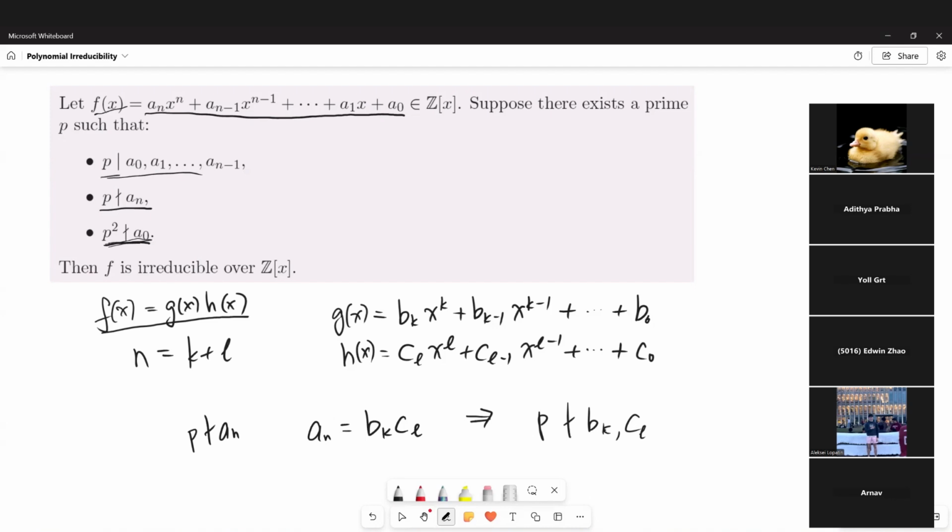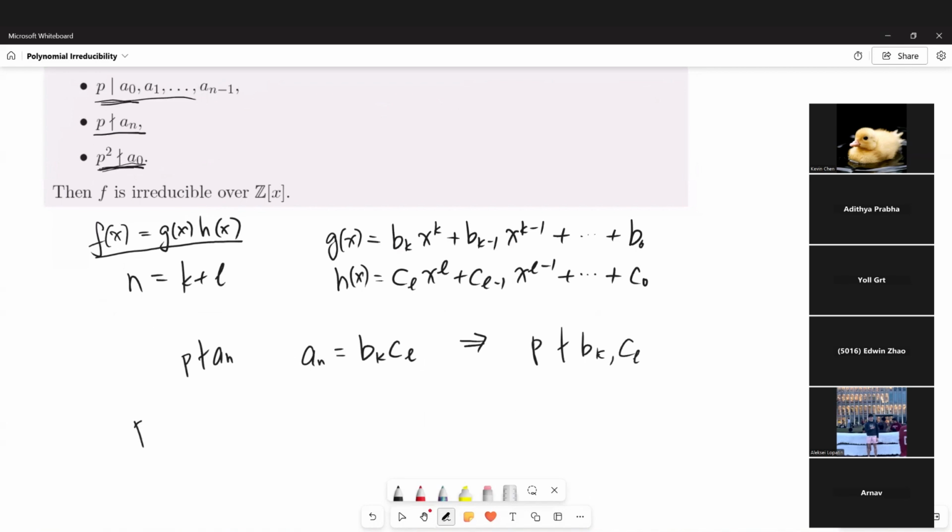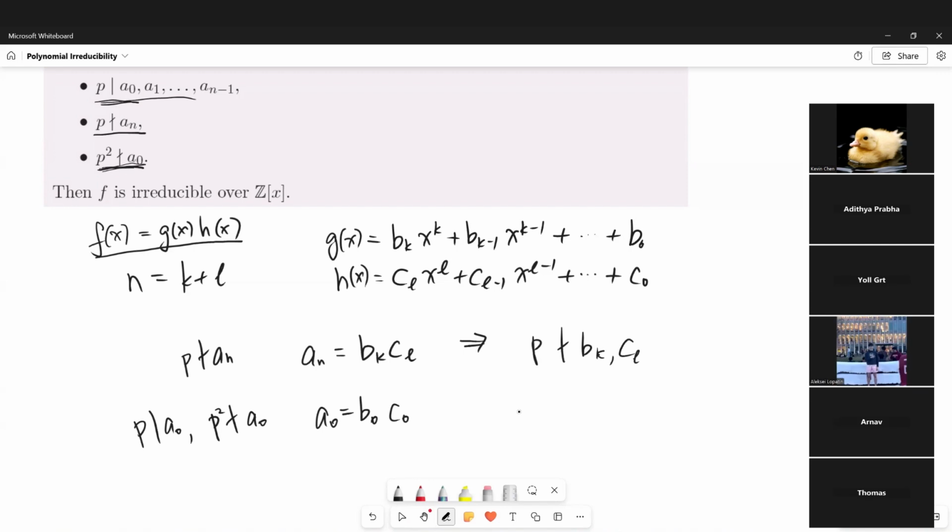Along with the fact that a_0 is just equal to b_0 times c_0, that means one of b_0 and c_0 has to be a multiple of p, and the other one can't be a multiple of p. So without loss of generality, we can just assume that p divides b_0 while p doesn't divide c_0.